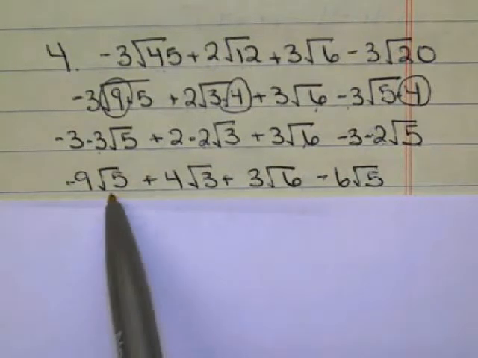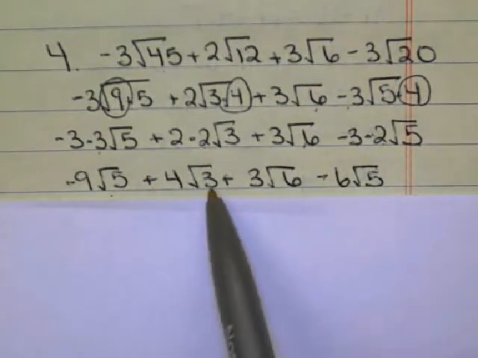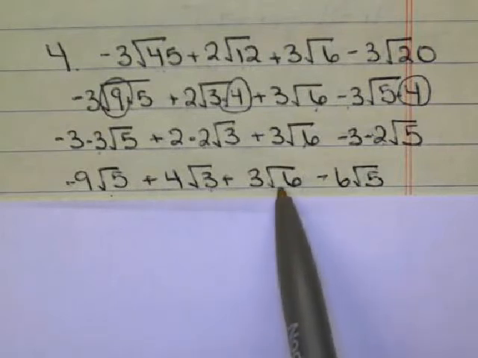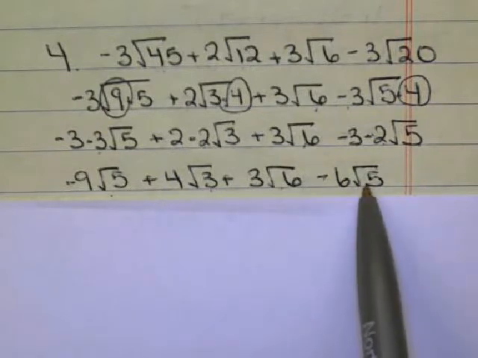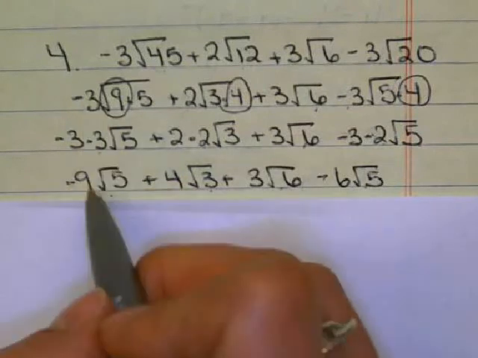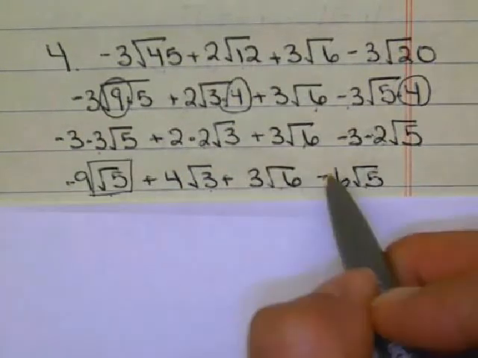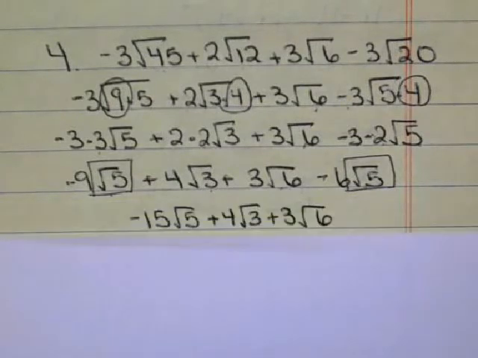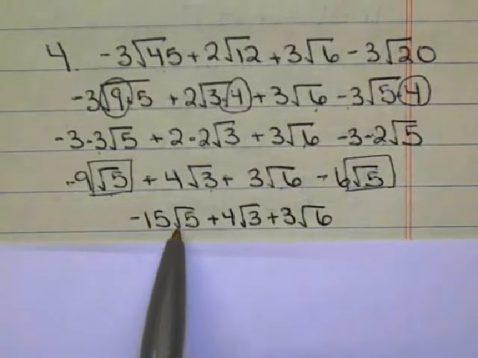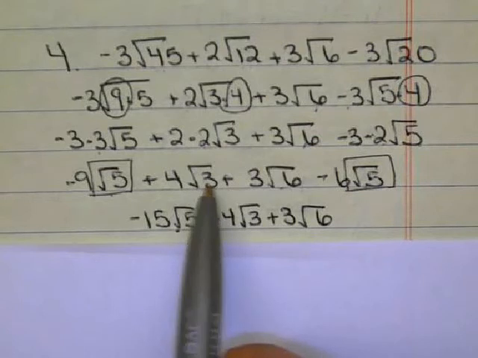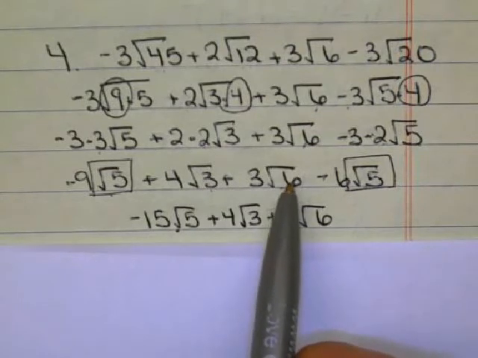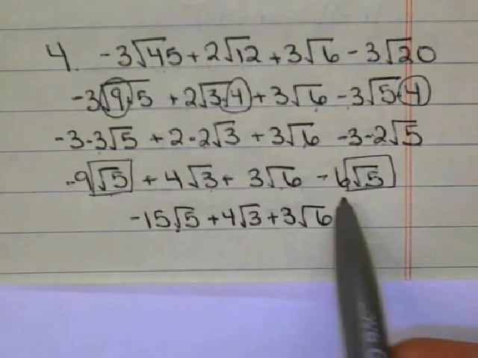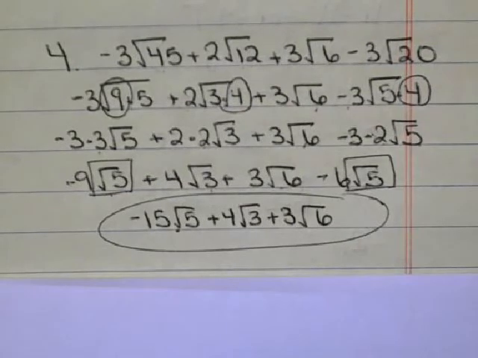I get negative 9 radical 5, plus 4 radical 3, plus 3 radical 6, minus 6 radical 5. My like terms are radical 5 and radical 5 here. So I can combine those to make negative 15 radical 5. The radical 3 and the radical 6 don't have anything to combine with, so I just bring those down, and that is my final answer.